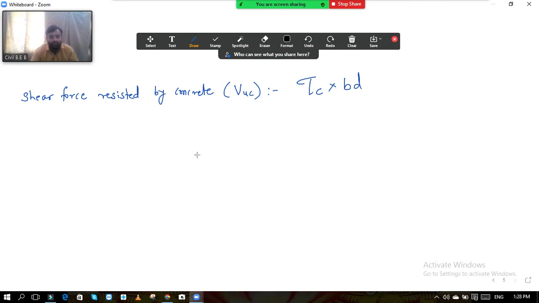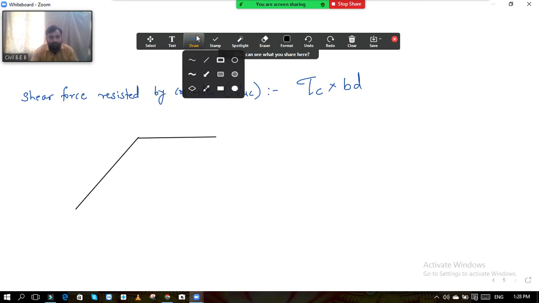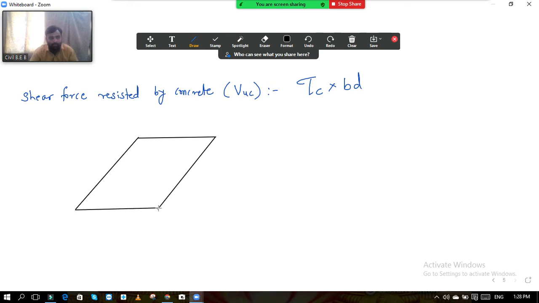Here this is your 0.3 plus D, this is 0.3 plus D, then this side is 0.5 plus D. Again 0.5 plus D, and this is again 0.3 plus D. This is our D, the depth.